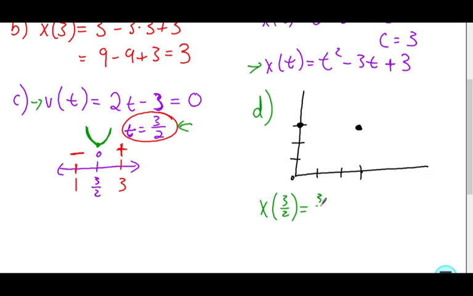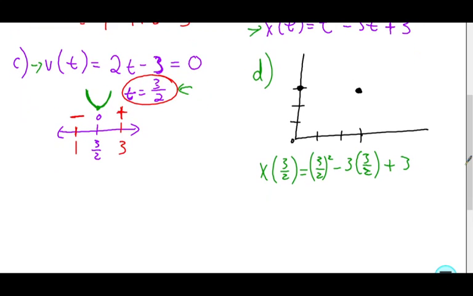Well, that's 3/2 squared minus 3 times 3/2 plus 3, which is 9/4 minus 9/2 plus 3. I'm going to change this to 12/4 to get common denominators.